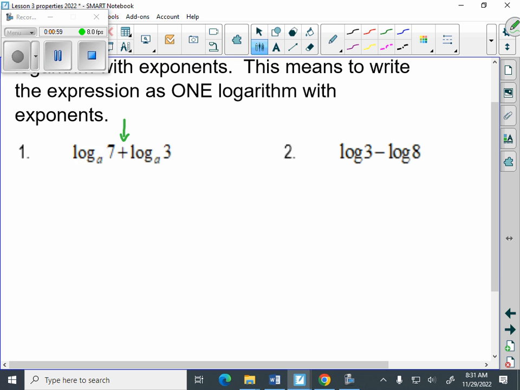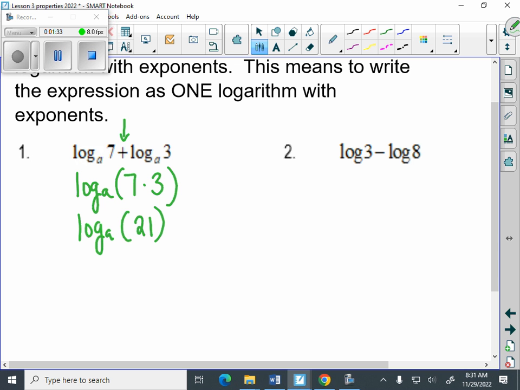Since there is a plus in this problem, we can rewrite this as the log base a of 7 times 3, and then we want to simplify if possible. 7 times 3 is 21. I wrote parentheses in there. I don't think that we really need to have the parentheses in there, but it's fine.